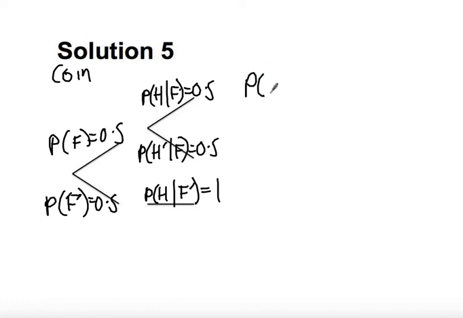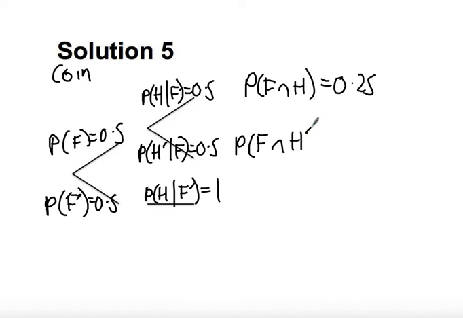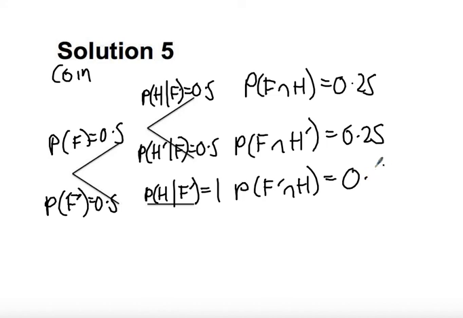And so my end probability is probability of fair and a head. 0.5 times 0.5 was 0.25. Probability of fair and not a head, 0.5 times 0.5, which is 0.25. And probability of not a fair coin and a head is 0.5 times 1, which is 0.5. And so all we did was we said, okay, probability of a head.